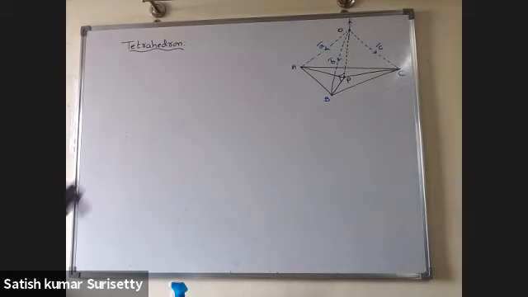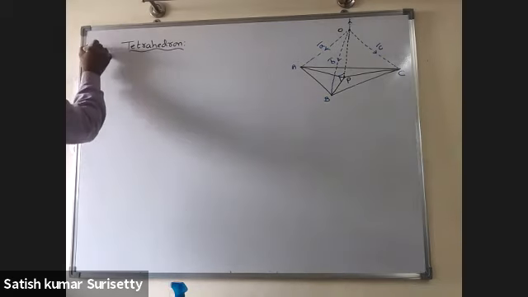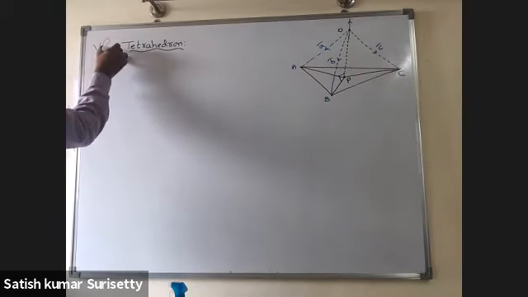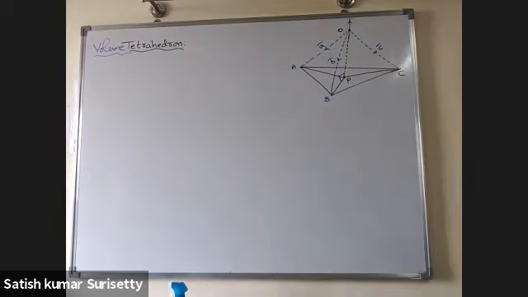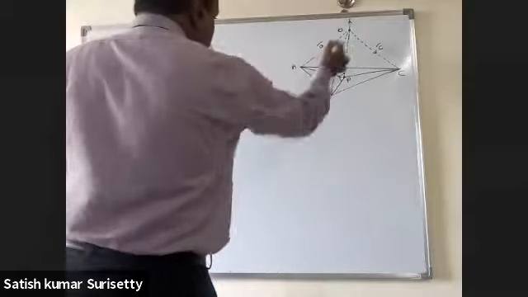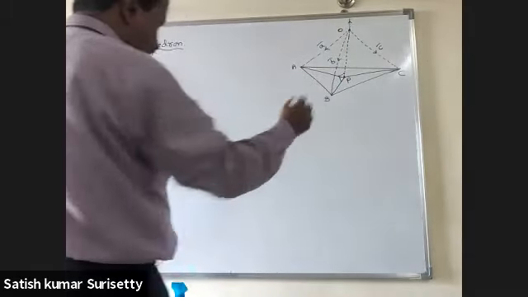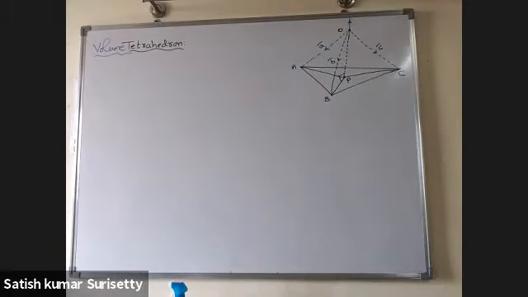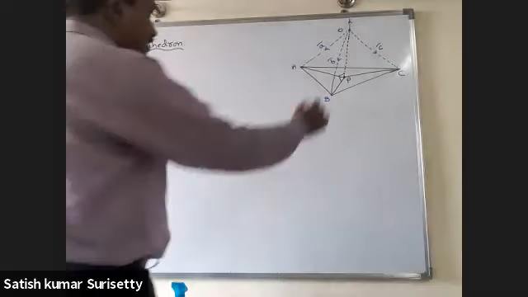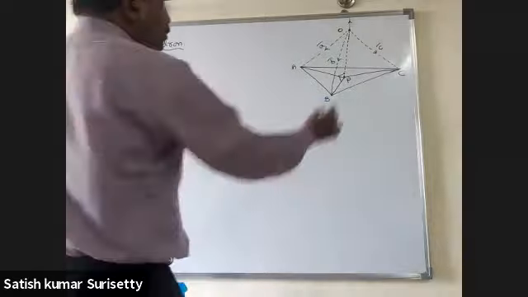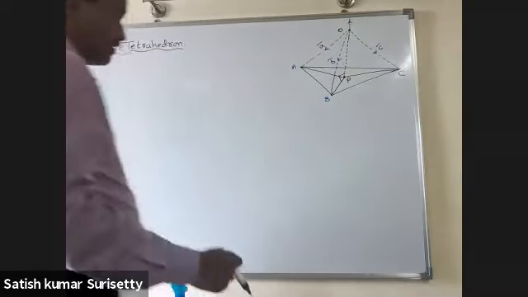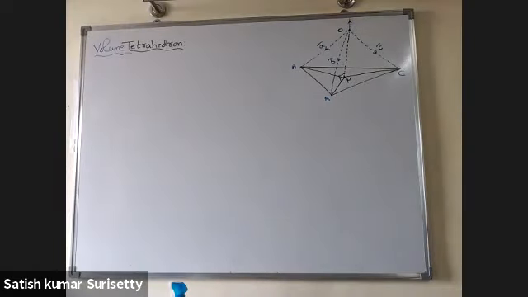Now let us calculate volume of tetrahedron. Let OABC be a tetrahedron with OA bar equal to A bar, OB bar equal to B bar, OC bar equal to C bar, and O is the origin.